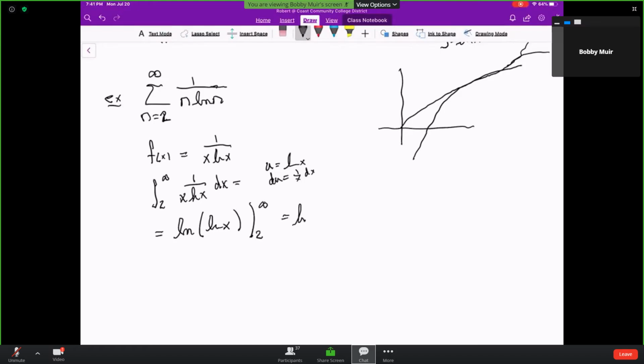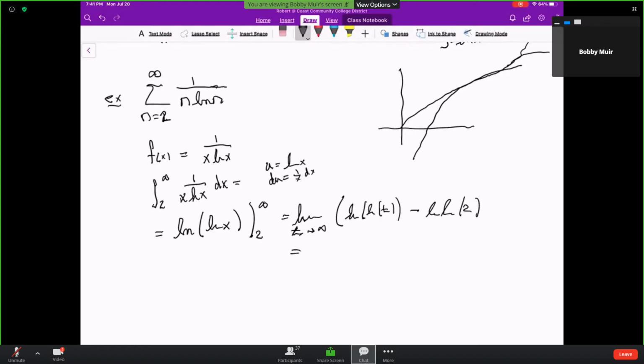which is the limit as, let's say, t goes to infinity of the natural log of the natural log of t minus the natural log of the natural log of 2.